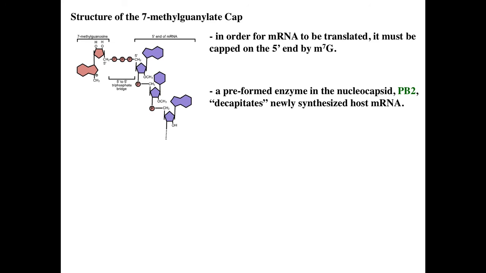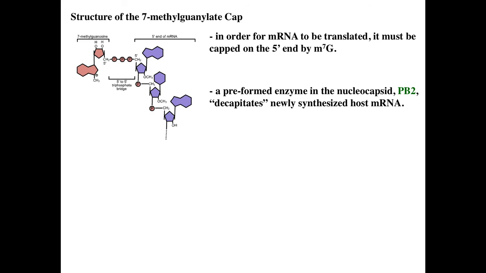When we talked about poliovirus, remember that the poliovirus has evolved a way to have its RNA translated without having the 7-methylguanosine cap. Remember that picornaviruses like poliovirus have this trick called an internal ribosome entry site, or IRES site, a secondary structure that causes ribosomes to bind even if that RNA doesn't have a 5' methylguanosine cap. Influenza virus doesn't have that trick.